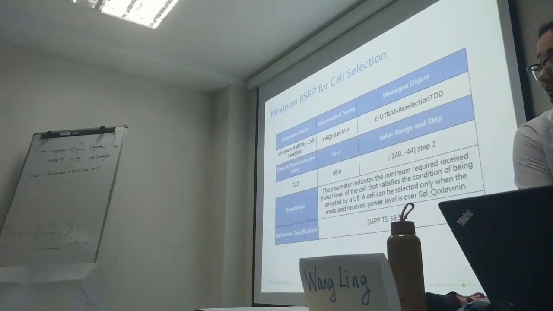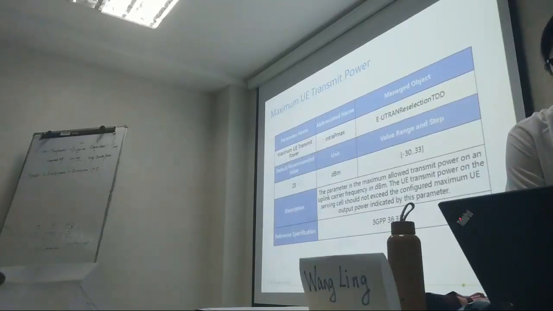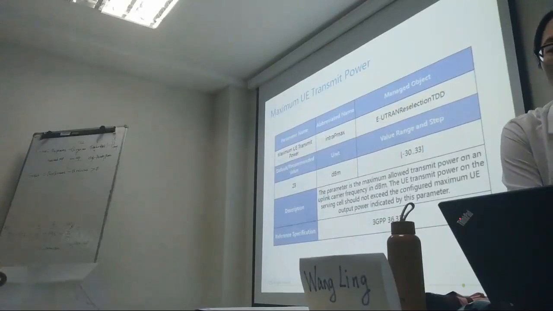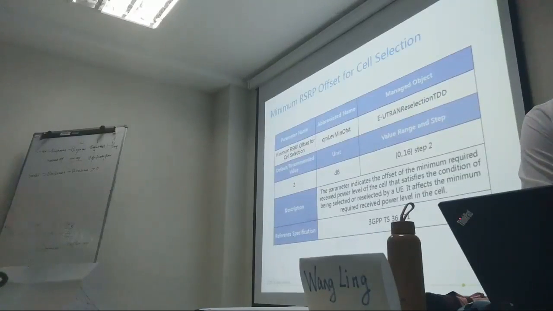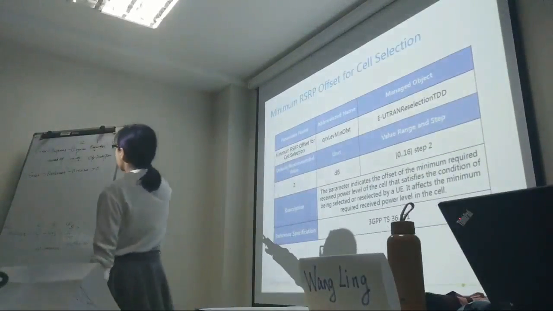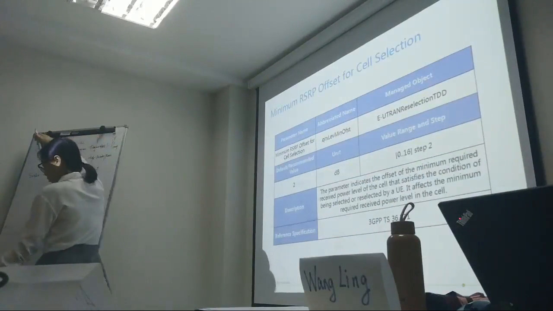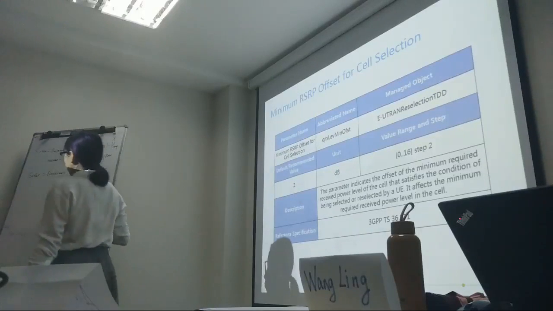If we set this value as minus 122, and the UE maximum transmit power is 23 and the UE capability is 23, and for this offset, for example, we set it to 2.